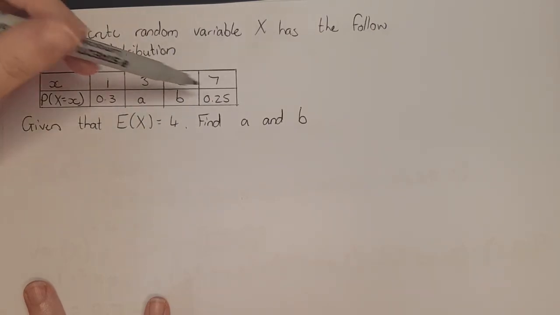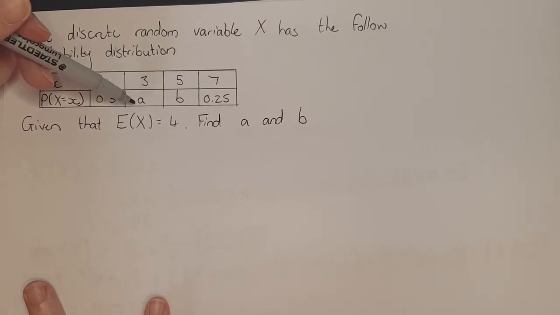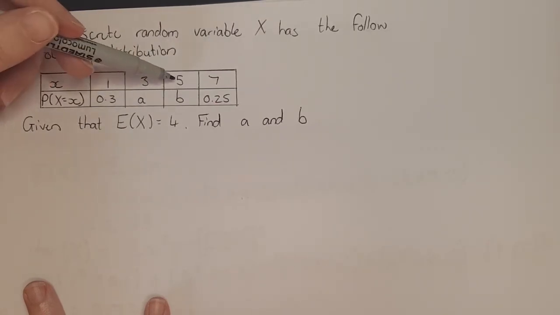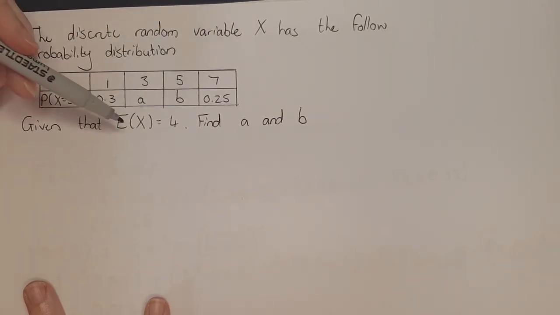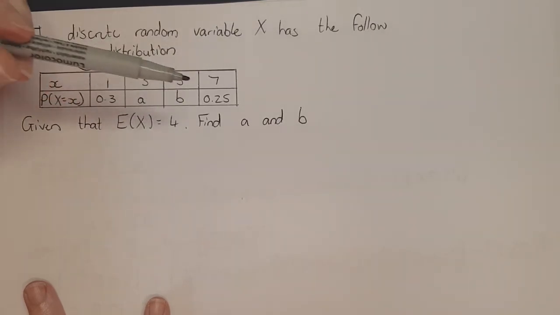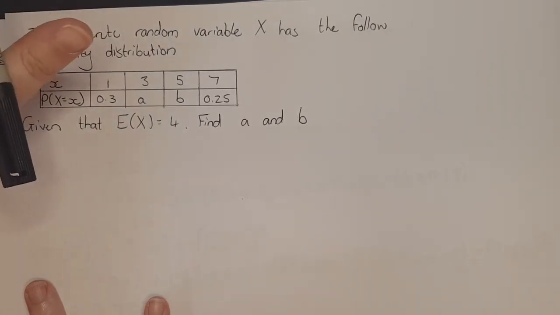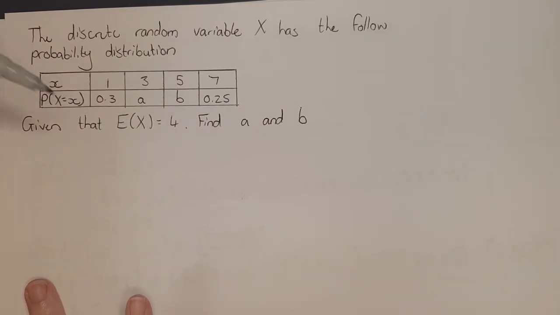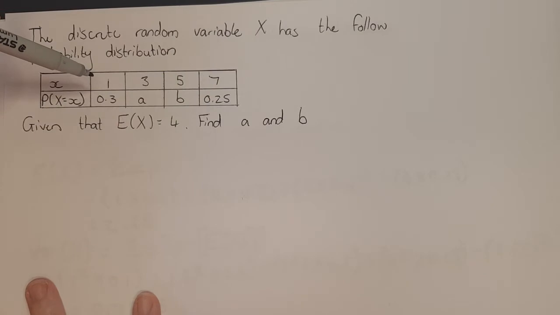If you look at this table, you can see the probability for 3 is A, and the probability for 5 is B. We haven't been given those two probabilities, but we are given that the expectation equals 4, and we are asked to find A and B using this information. The first thing I know is that all the probabilities in the table add up to 1.